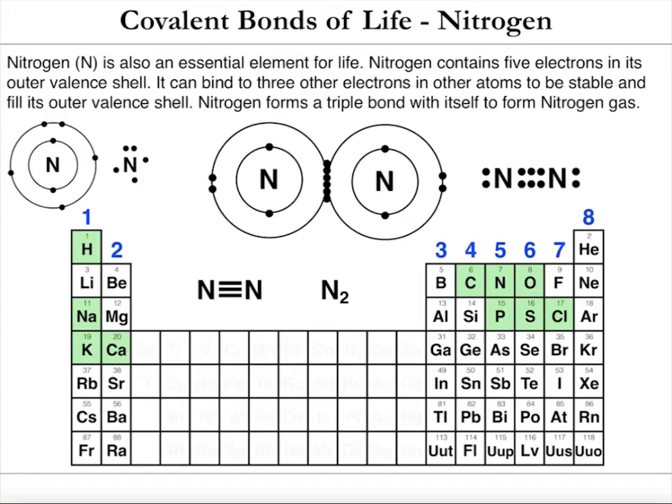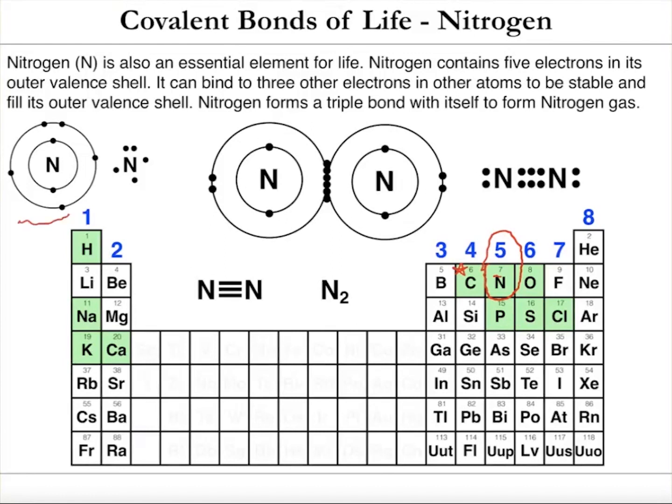So nitrogen is really ubiquitous in a lot of different biomolecules. So we have carbon right here. You can see that nitrogen is directly next to carbon. So nitrogen has one more proton and one more electron in its outer valence. So it's in the 2nd row, and its atomic number is 7.